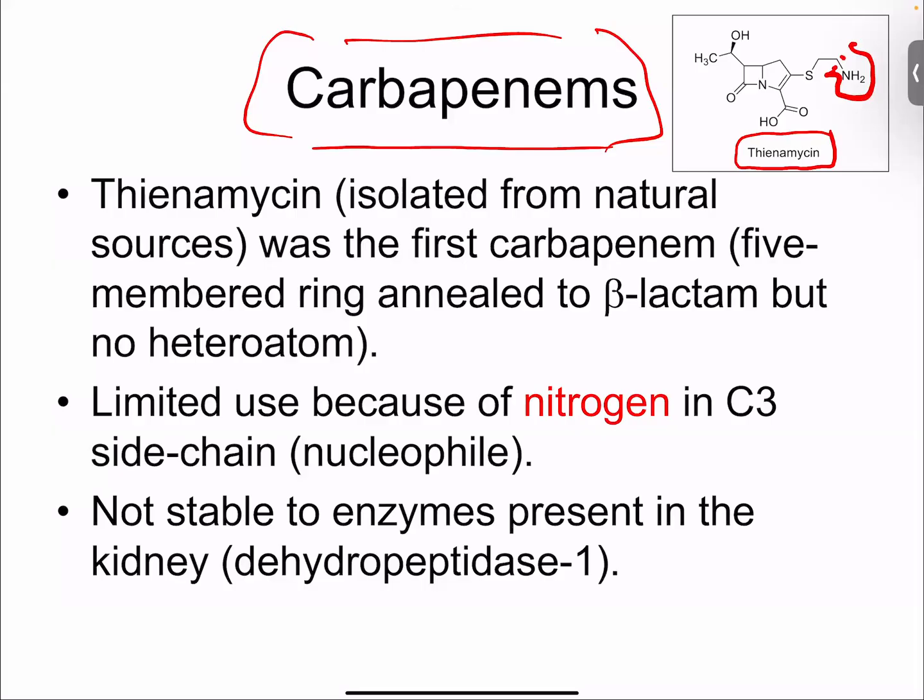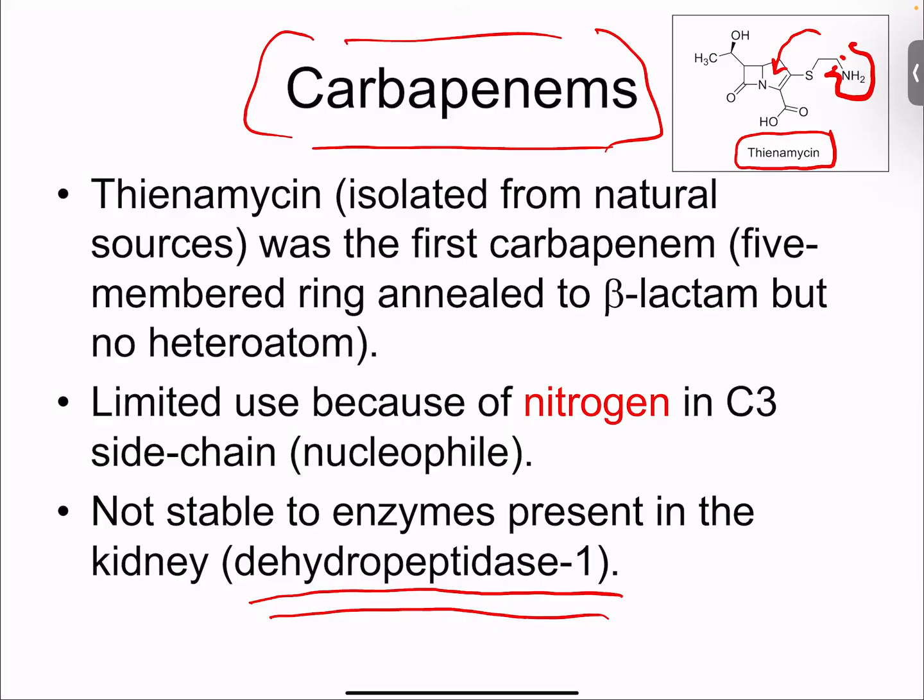The other liability associated with thienamycin is that our kidneys synthesize and secrete a particular enzyme that may or may not even be physiologically important to us, but what it does do is hydrolyze or open up carbapenem rings. Okay, the enzyme dehydropeptidase-1 is a renal enzyme and it actually attacks and opens up the ring, thereby degrading carbapenems. So that was a liability that we had to overcome as well.